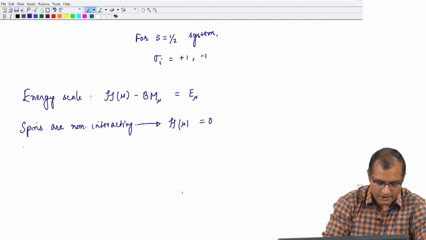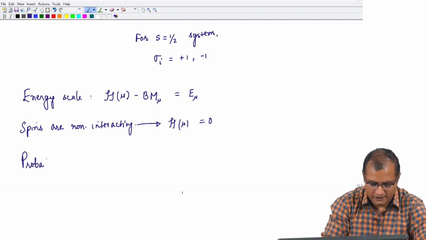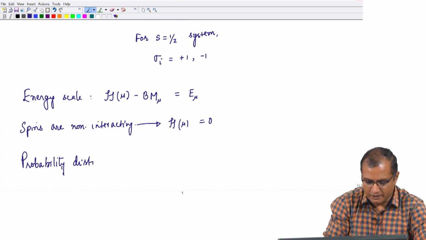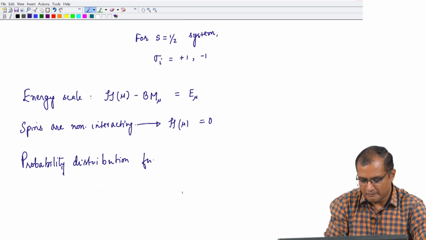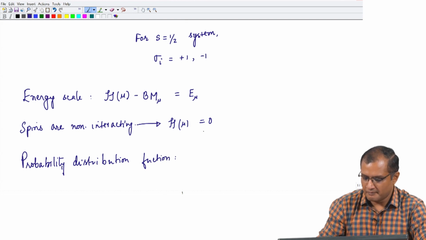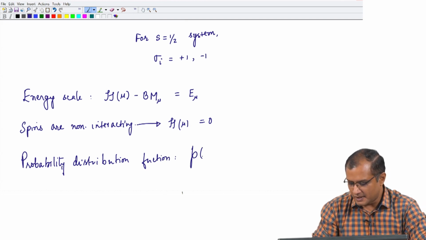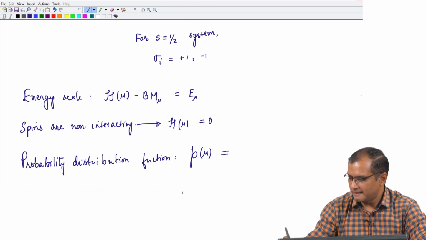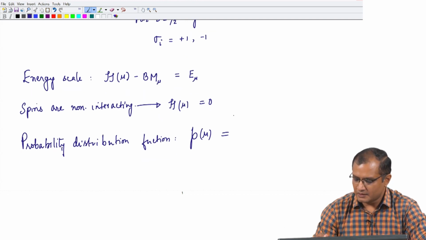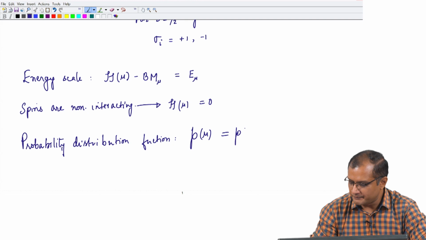Then you can write down the probability distribution function of the microstate as simply, now a microstate here is nothing but a collection of all these excitations.